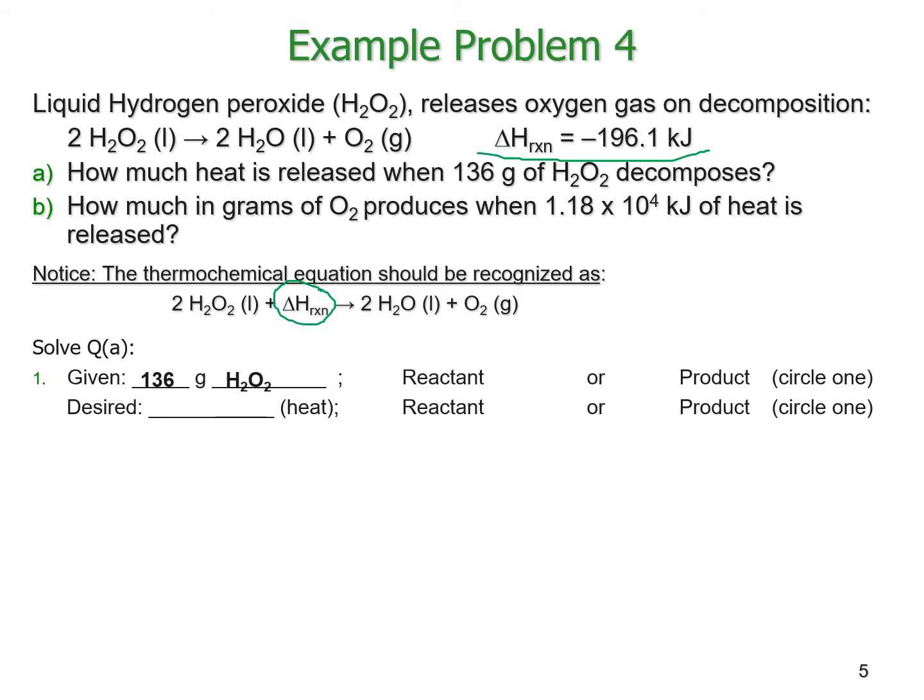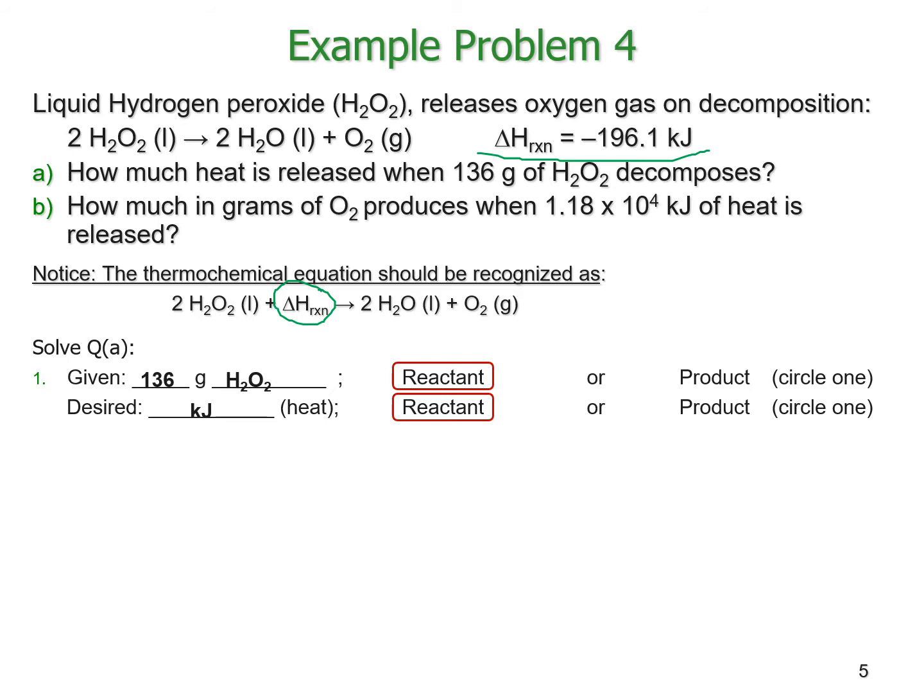All we can do is pick whatever unit of energy we want. Remember, the most common unit for energy in this chapter is kilojoules, so we just choose kilojoules. When we look at this thermochemical equation, we realize that both H2O2 and heat are reactants.